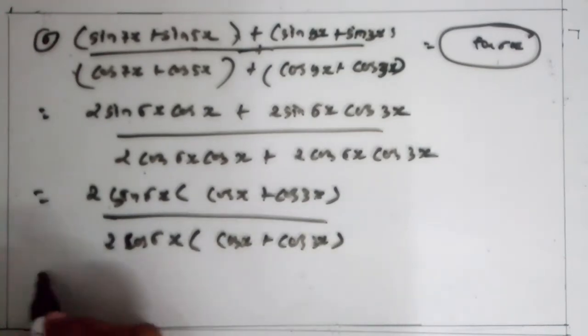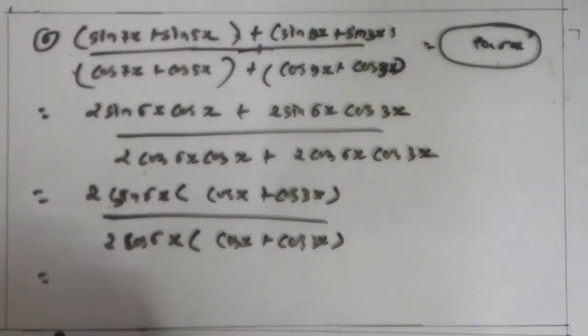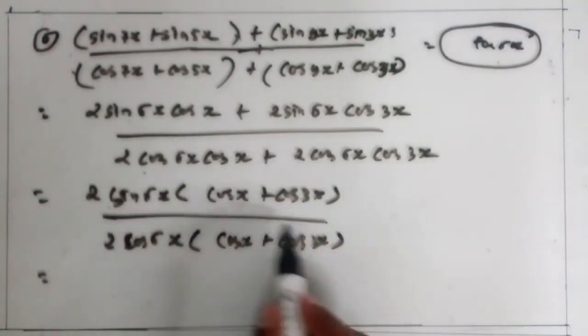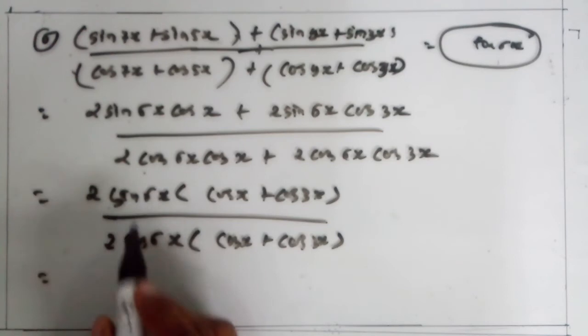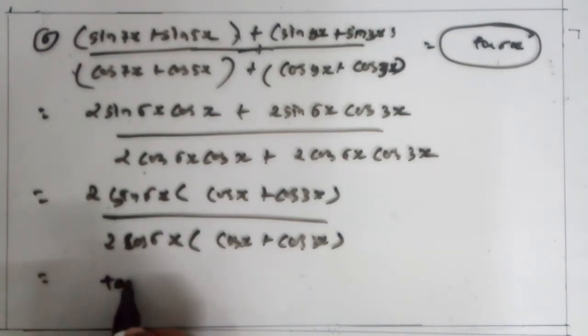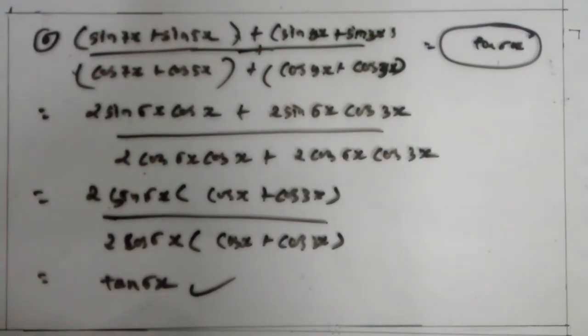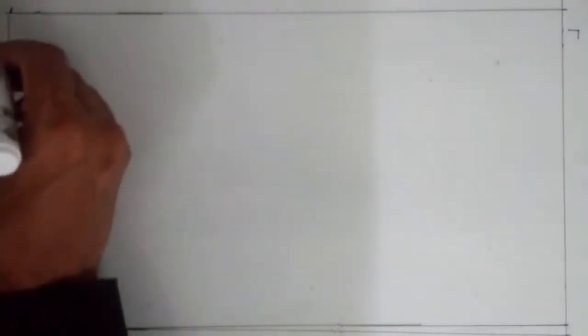Clear this? So is equal to, now remove common terms from both numerator and denominator: 2 and this whole bracket. So we get sin upon cos, which becomes tan 6x. Clear? Hence proved. Now next question, number 7.